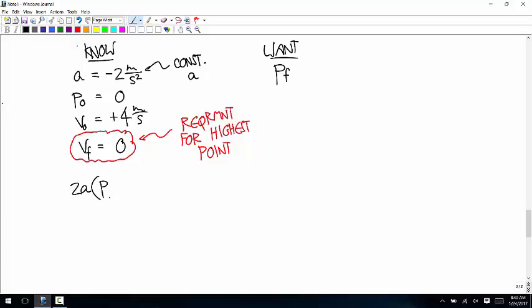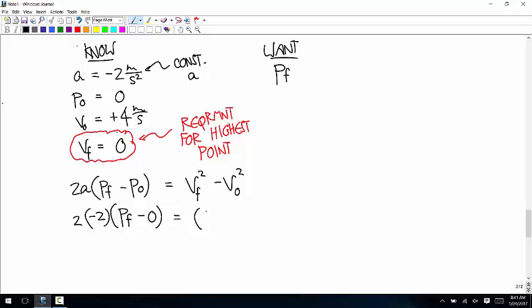2a times the quantity pf minus p sub 0 is equal to vf squared minus v sub 0 squared. So we have 2 times negative 2 times the quantity pf minus 0 is equal to 0 squared minus 4 squared.